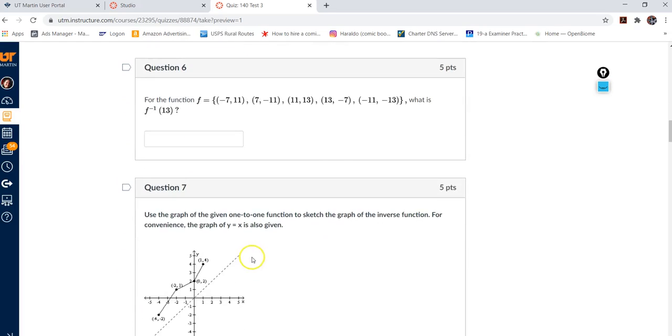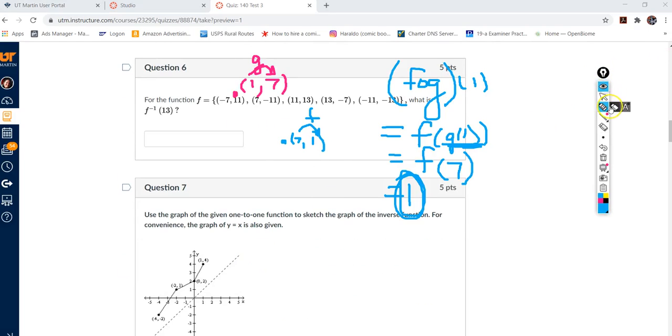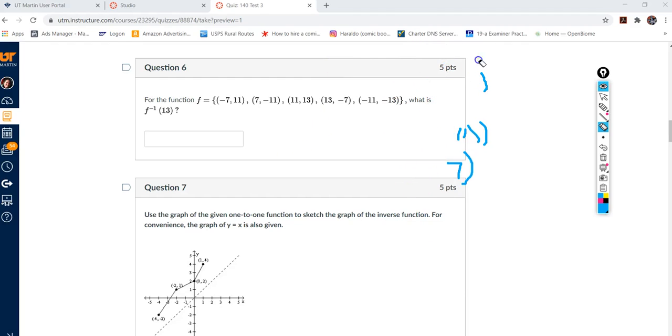And so that's my answer. Okay, all right, now for this one, okay, this is our function f. Now the question is not what is f of 13.